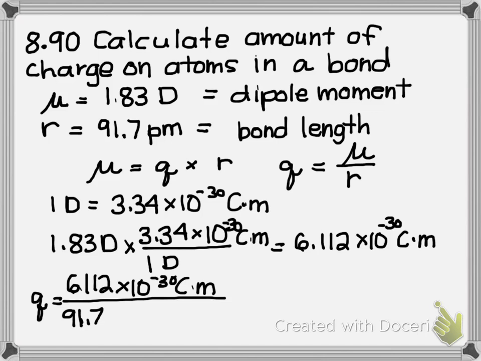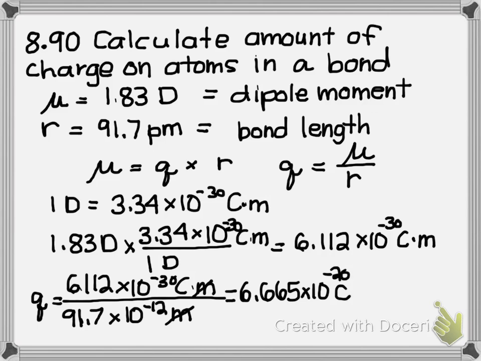Now it's in picometers, and pico means 10 to the negative 12. So I'm going to convert that into meters by multiplying by 10 to the negative 12 so that my meters will cancel, you see here. Now this gives me 6.665 times 10 to the negative 20 coulombs.